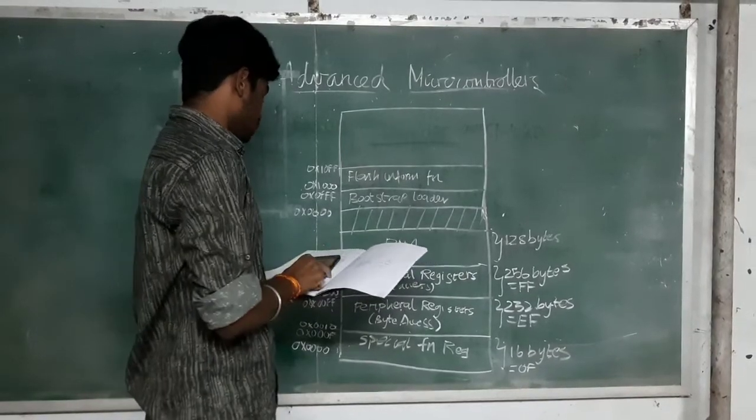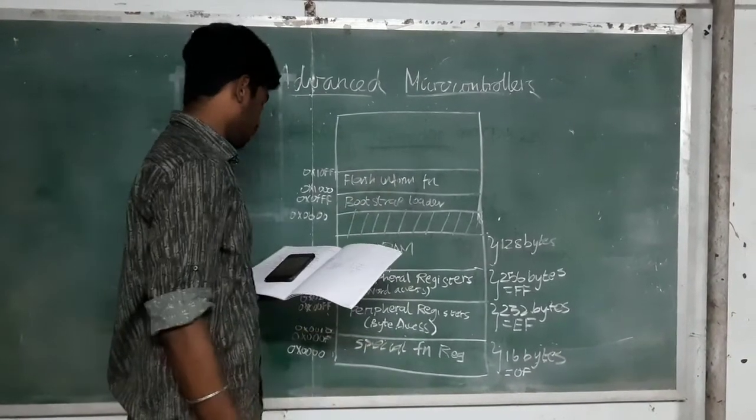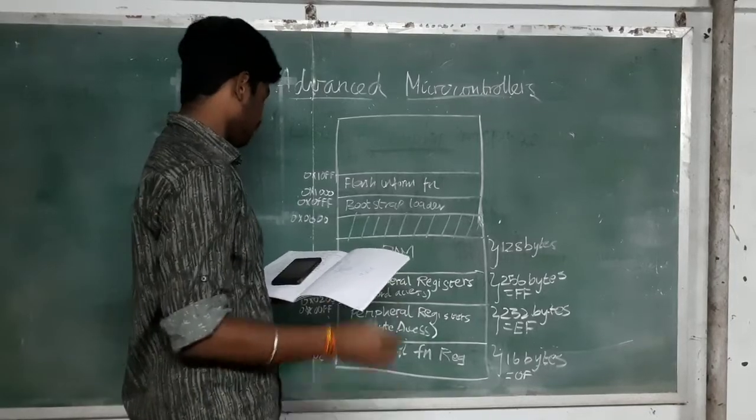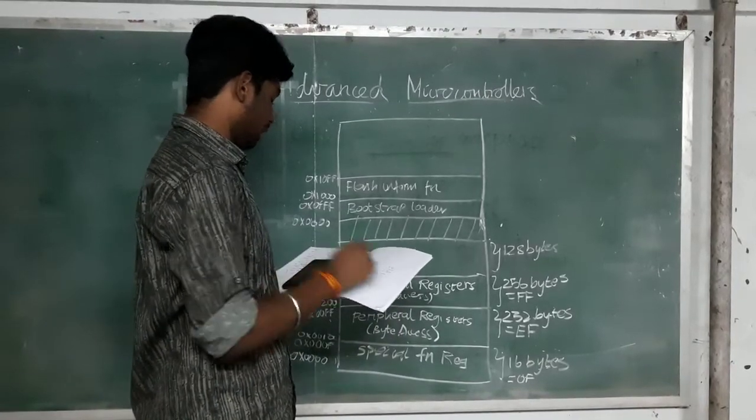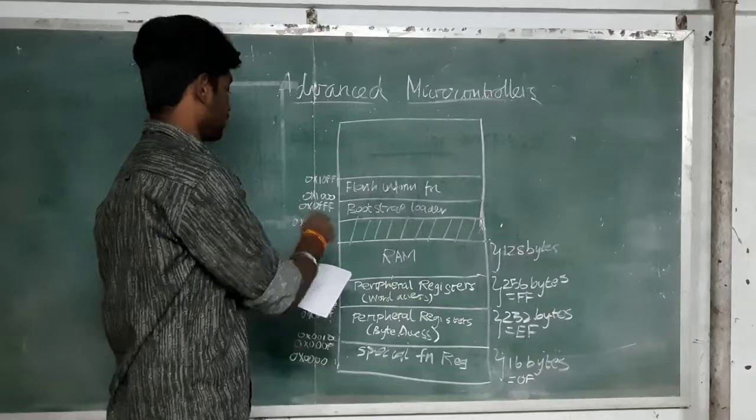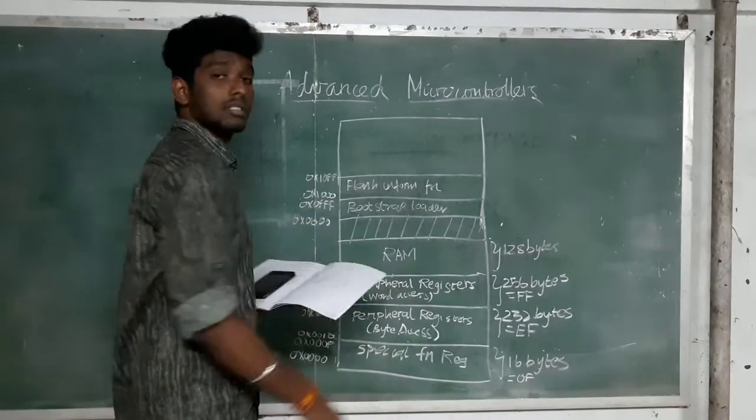So the next one is the Bootstrap Loader, where the starting address is 0C00 and the ending address is 0FFF.